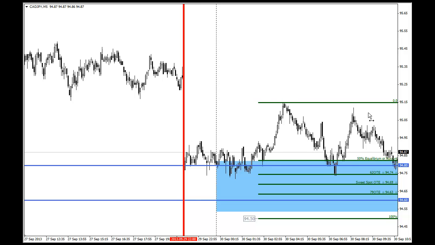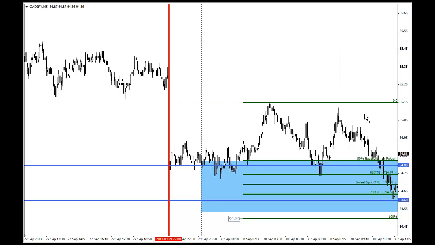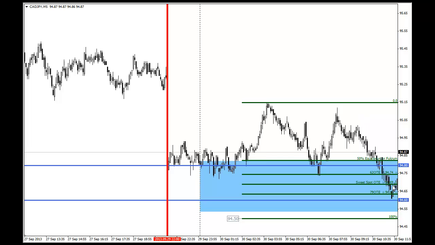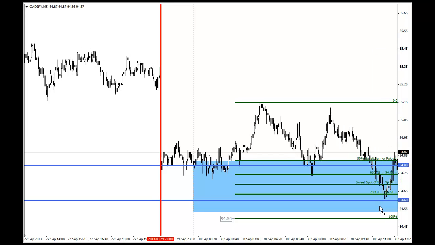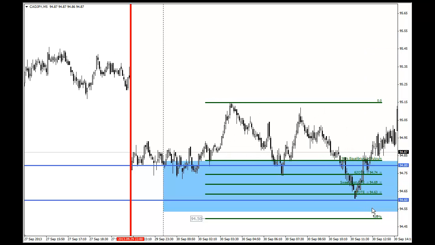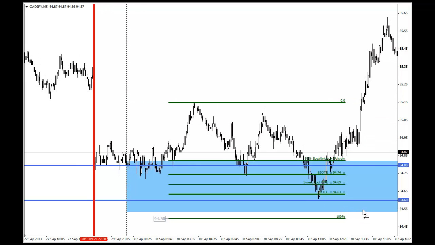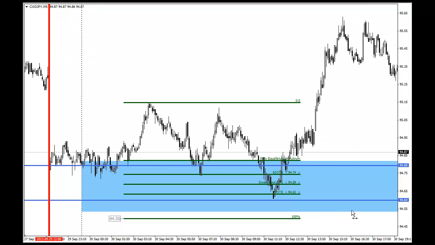And as price moves down into this level, price goes just a little bit through the 79% retracement level, doesn't get to the 94.60 here. Price begins to rally off and takes off. Okay, and there is approximately 100 pips in price swing right in here.